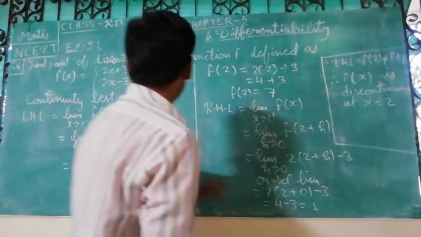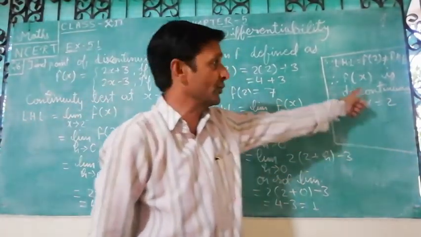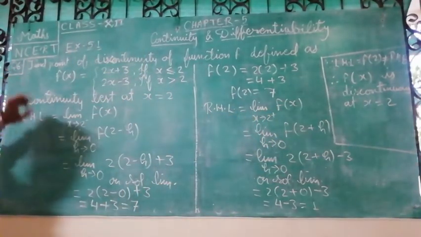We have to find the point of discontinuity only. So the point of discontinuity is what? At x is equal to 2, it is discontinuous. So this question 6 is now over.